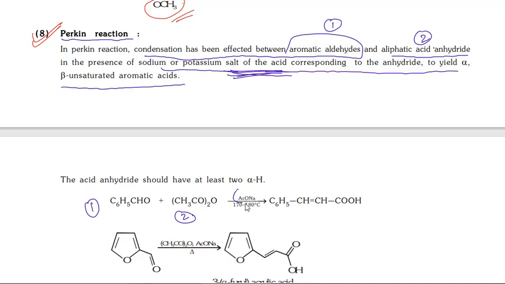Here we are taking the salt, sodium acetate, O minus Na plus. Here there is no bond between oxygen and sodium. So three conditions: aromatic aldehyde, aliphatic anhydride, and the anhydride's relevant salt.